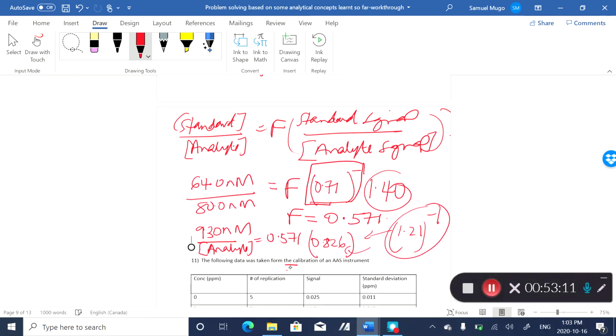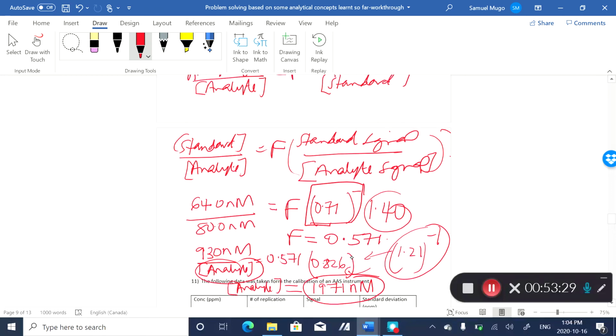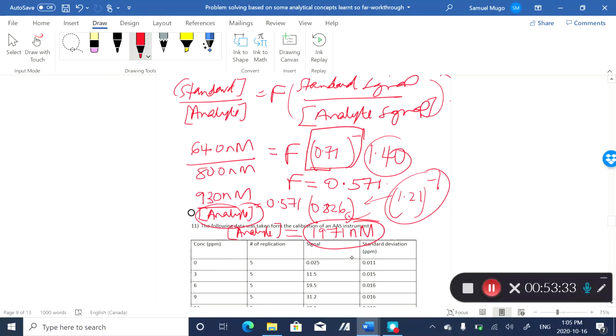After you do that, you've got only one unknown, the concentration of the analyte, which is equal to 1971 nanomolar. And that's what you get. And of course, you can convert it into micromolar by dividing it by 1,000.